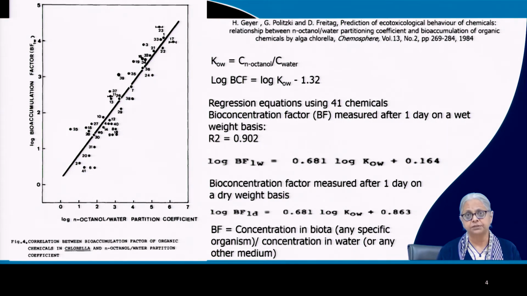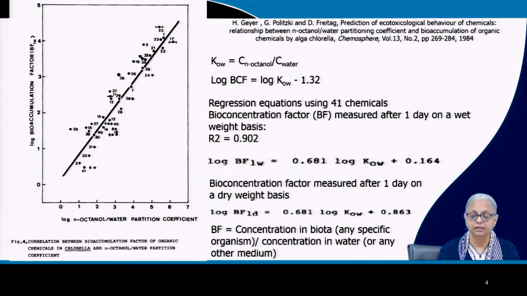Now, chemical factors are much easier to determine, or you can just open a reference book and look at the chemical factor, right? And knowing this kind of relationship exists, you know that there is a high potential for bioaccumulation of these compounds based on their KOW values. So when you have a high log KOW value, it means that compound is going to bioaccumulate in human as well as the tissue of other higher organisms.